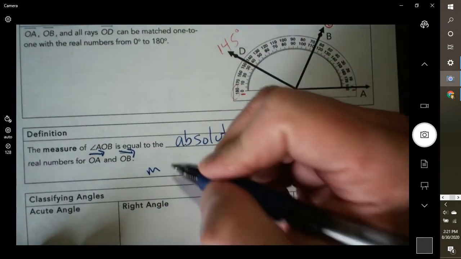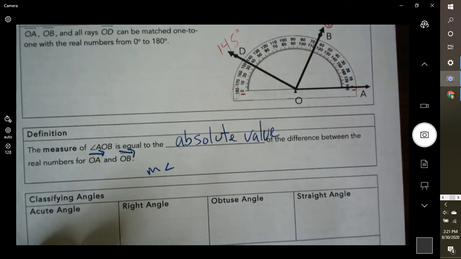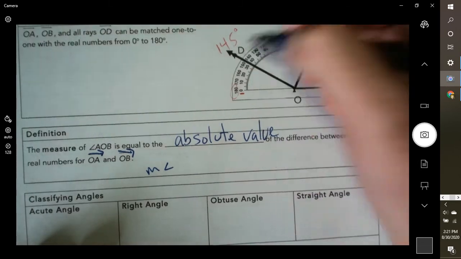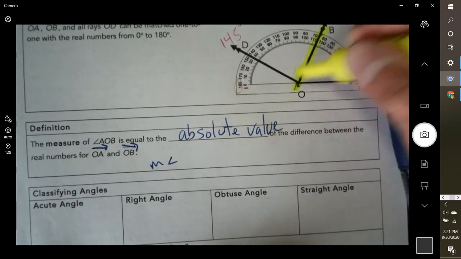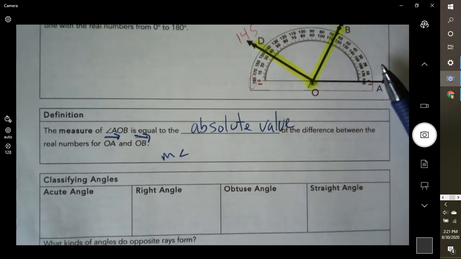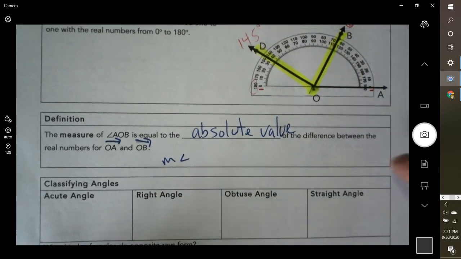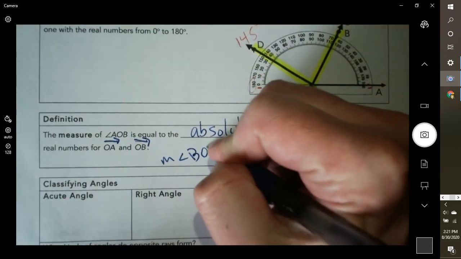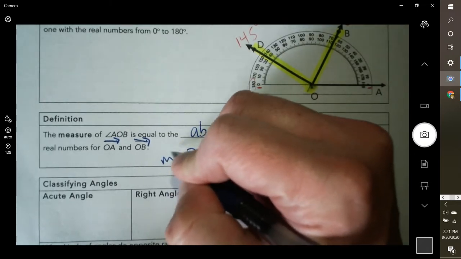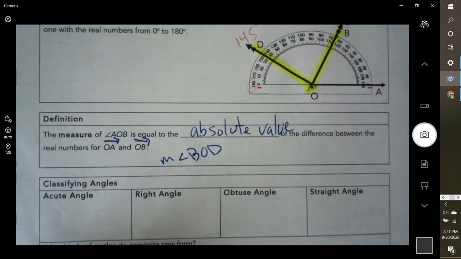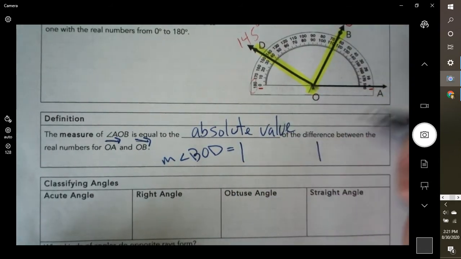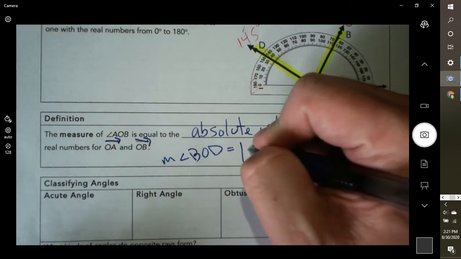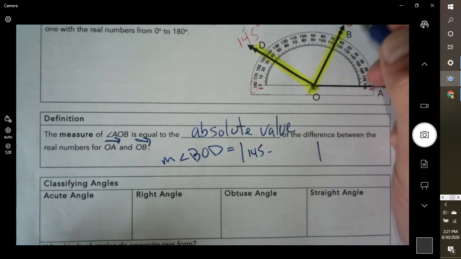The measurement of angle BOD. I'm going to go ahead and highlight that here so you guys can see what we're talking about. This angle here, BOD, the measurement, that's what that M stands for there. The measurement of angle BOD equals the absolute value. And here it's going to be 145 minus the 65.